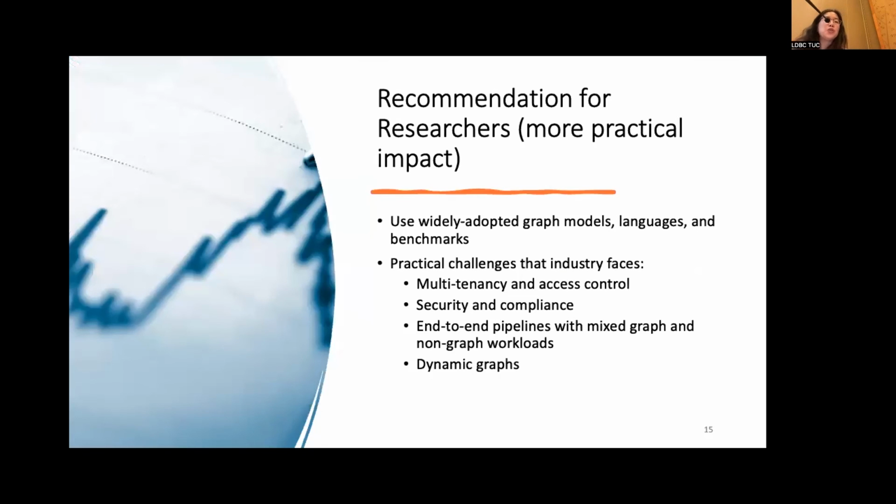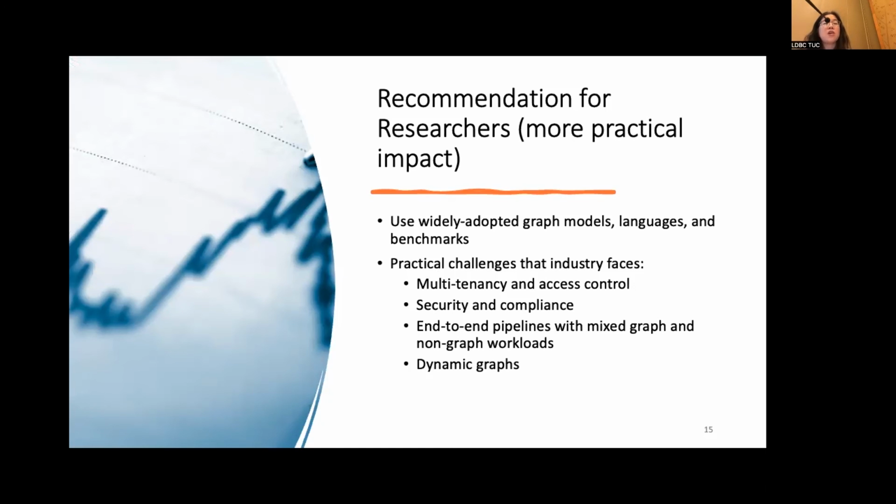So finally, I want to give my 2 cents for researchers who want to actually have more practical impact. I think if you want to have more direct practical impact, it's better to use widely adopted graph models and languages and benchmarks, not to invent any new ones.